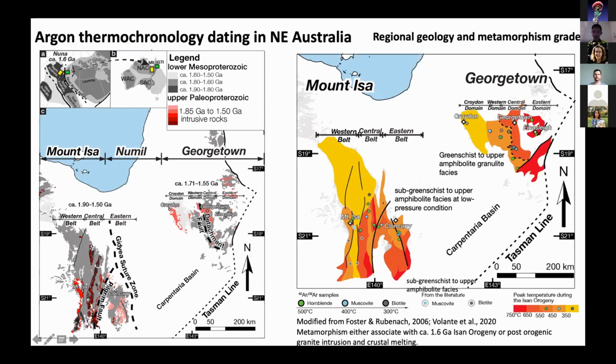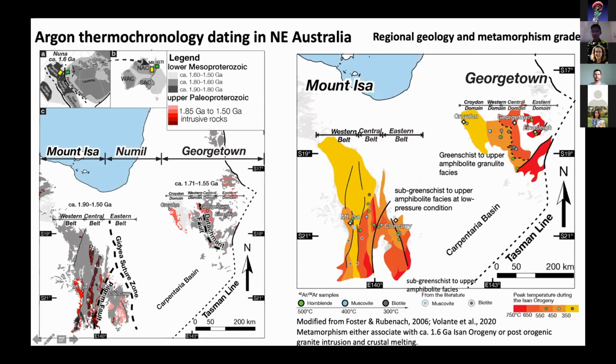You see these dots in there are all the samples we collected, and we also dated the mica pairs from different regions. The idea is that we're trying to get a mica pair from different regions and cross it, to see if there is any uplifting in between across the fault zones and structures, or what kind of cooling rates they can tell us, and to see if there's a different tectonic regime.